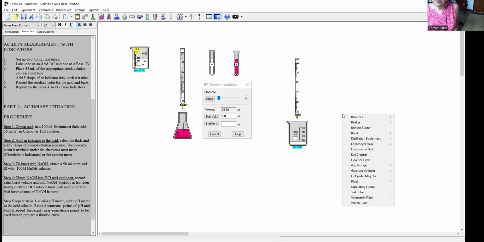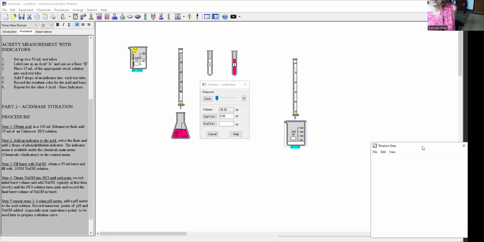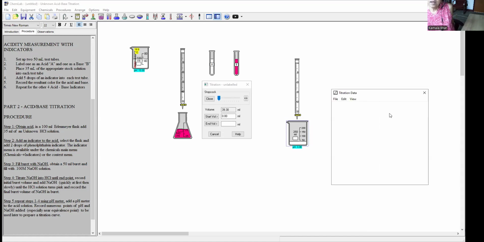Next, I'm going to say collect data. Then I clicked on collect the titration data. Then I'm going to say view the titration data. So now I'm going to start the experiment.